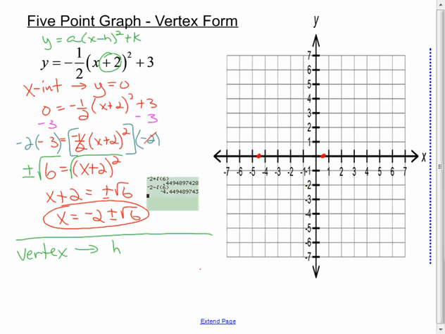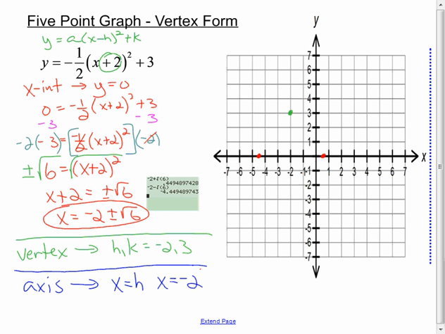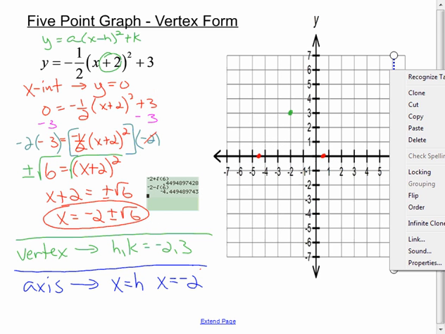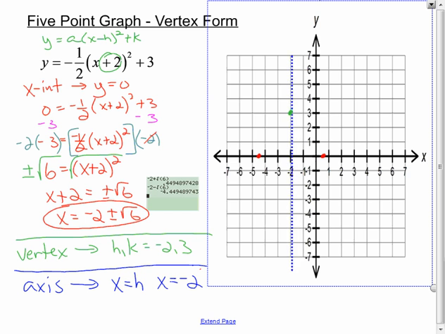So h is going to be -2, and k is going to be 3. So I just go to -2 comma 3 and put the vertex point. From there, the axis of symmetry is kind of academic. It's just given from the formula x equals h. In this case, it's x equals -2, which is a vertical line through -2.